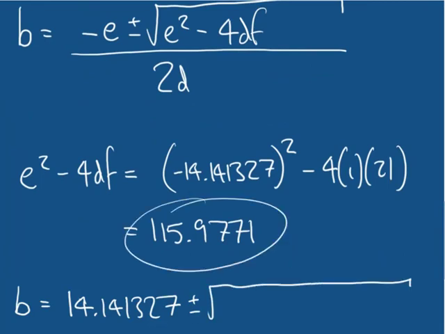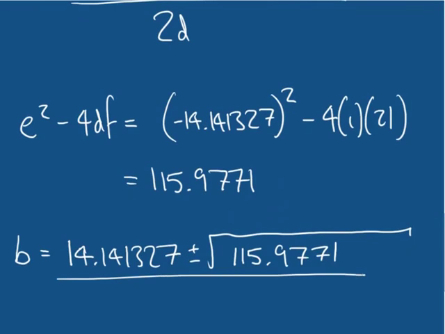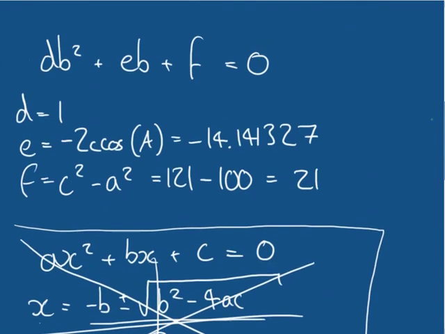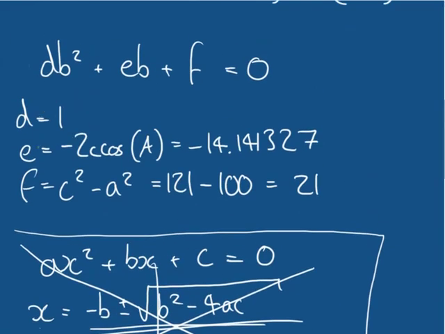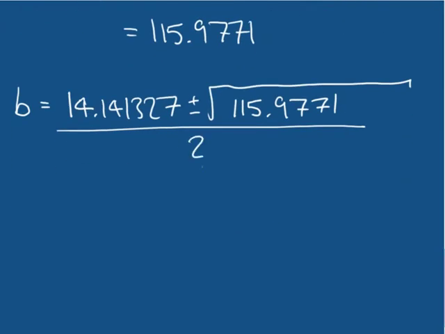We saw that's 115.9771, divided by 2 times d. Well, we saw way back here, d is equal to 1, so 2 times 1 is 2, so divided by 2.